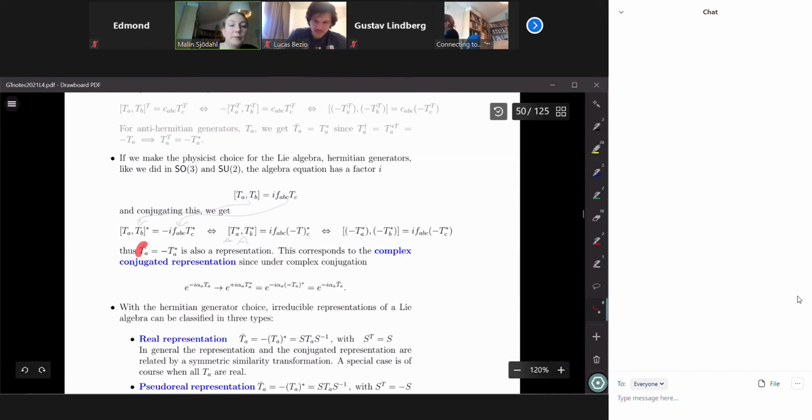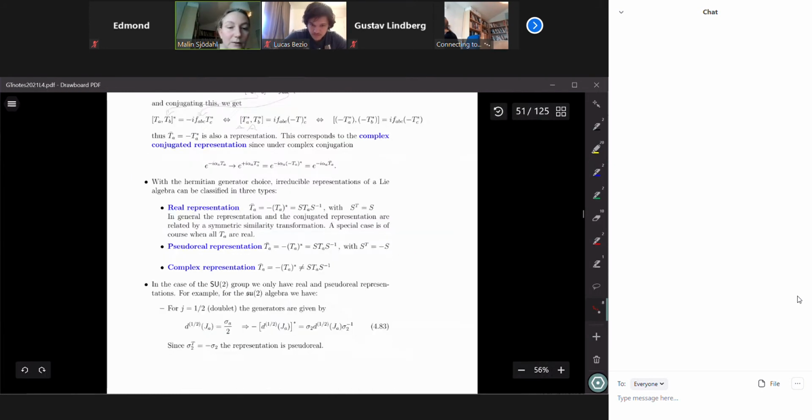So the other representation, denoted by TA with a bar here, is obtained by taking minus T star. And this is known as the complex conjugated representation, because if we take the original representation and complex conjugate it, we get this thing here. So let's check that.